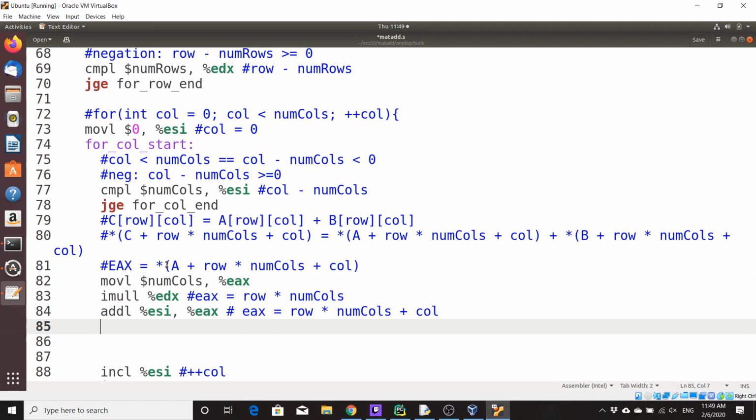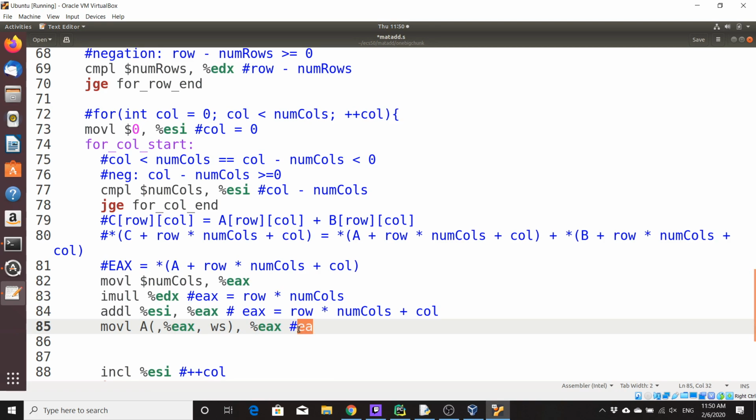We spent all the class telling you. Movl A, it's the constant, it's a label, comma, EAX, that's our variable offset. How big is each element? 4, which I have in word size, and we want to put that into EAX. So EAX has now been set to this entire expression.